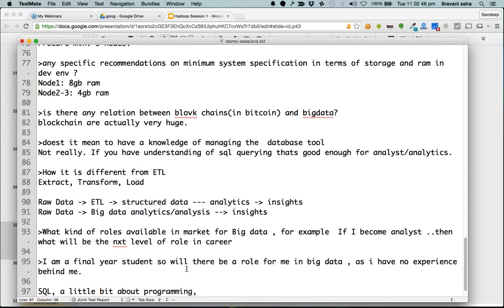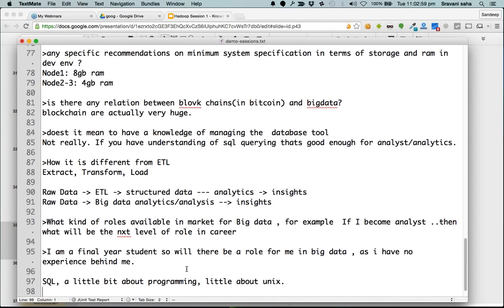You should know what a program looks like, because that will be used everywhere. And a little bit about Unix. Then you can get into Hadoop development, and even if you are joining as a fresher, you will be able to do a very good job.